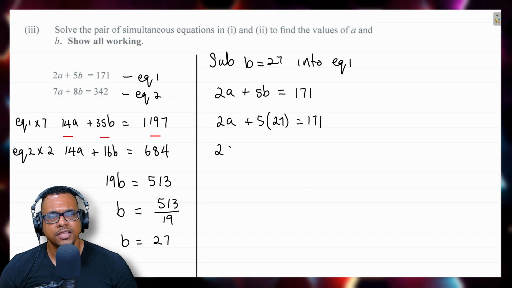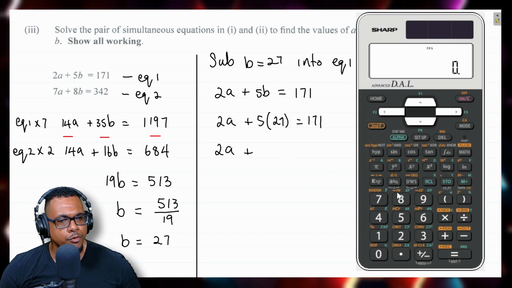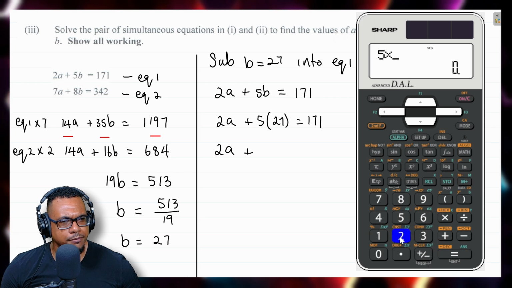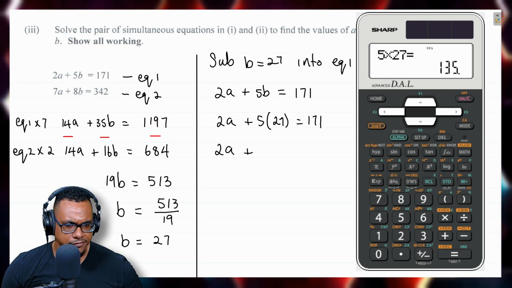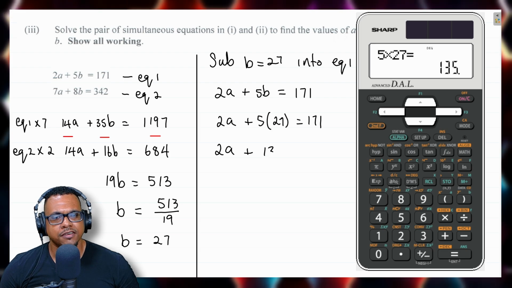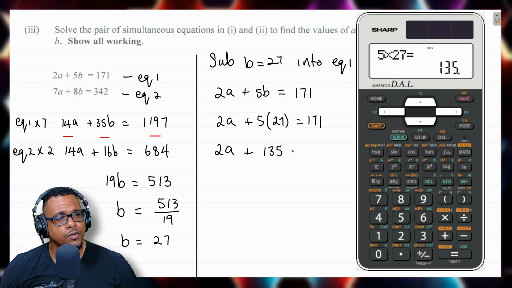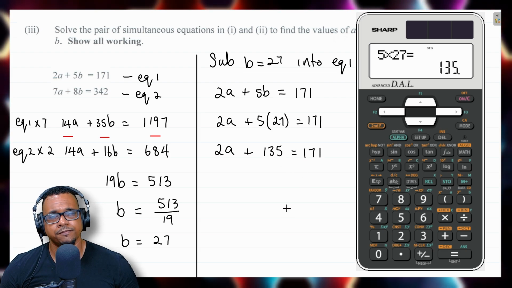So we'll have 2A plus, and we work out what is 5 multiplied by 27, and we get 135. So we have 135 here, is equal to 171.